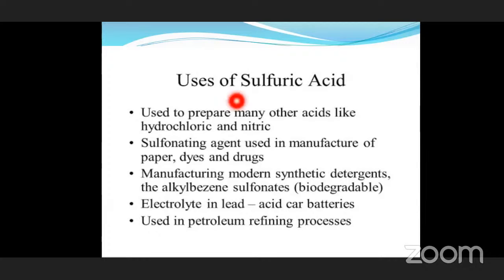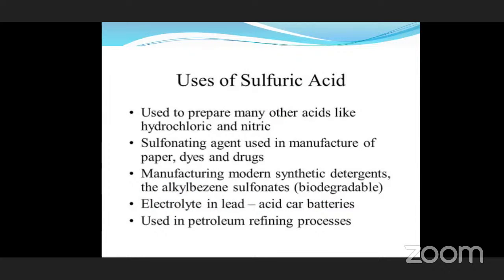Then manufacturing of modern synthetic detergents, the alkyl benzene sulfonates, which are biodegradable in nature. To prepare these synthetic detergents, we have to use sulfuric acid. Then, electrolyte in lead acid car batteries.